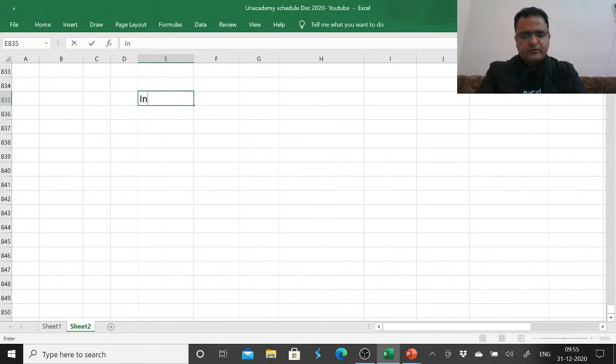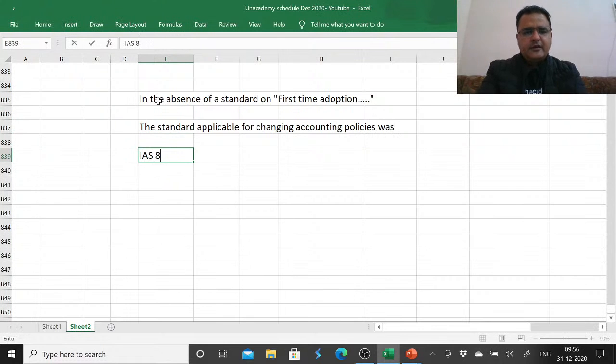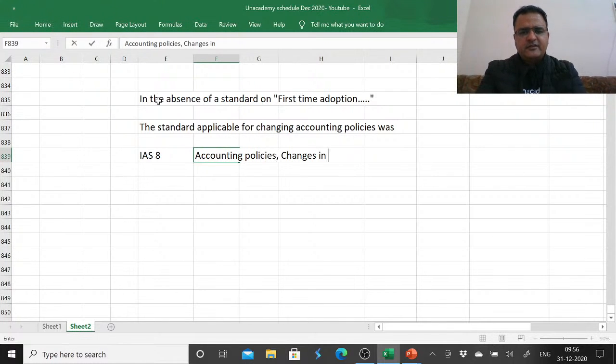In the absence of a standard on first time adoption, the standard applicable for changing accounting policies was IAS 8, accounting policies, changes in accounting estimates and errors.